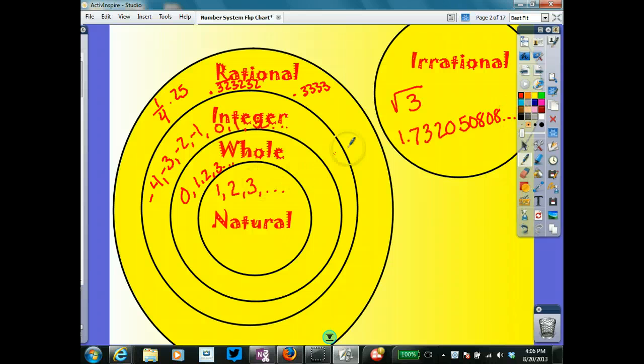If you notice, the decimal does not terminate, and there's no repeating pattern. So in order for it to be irrational, it goes on and on without a pattern.